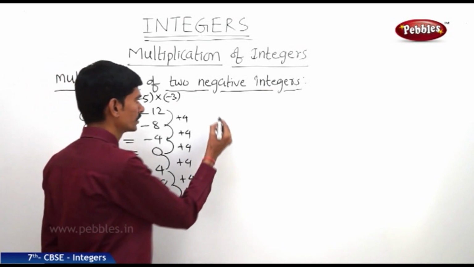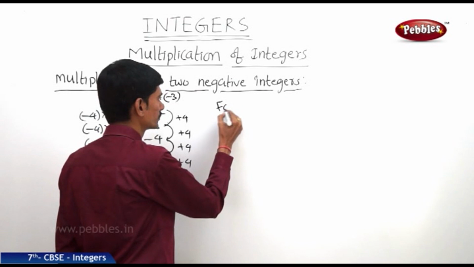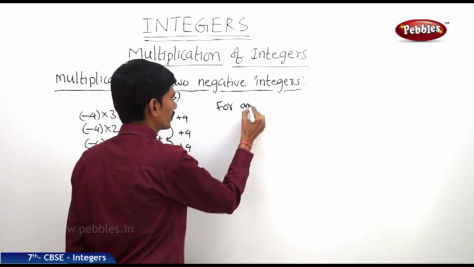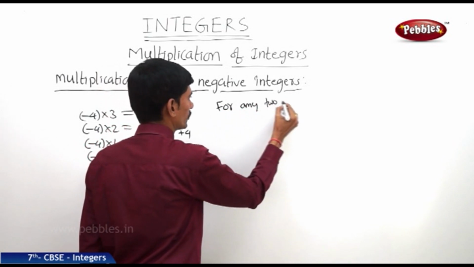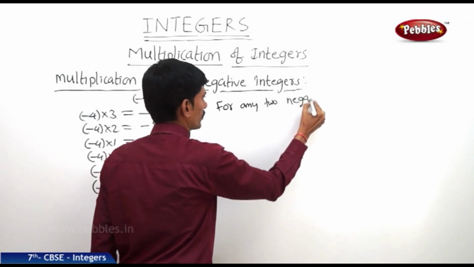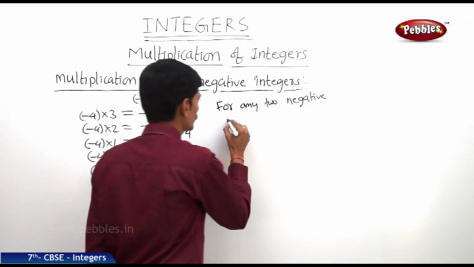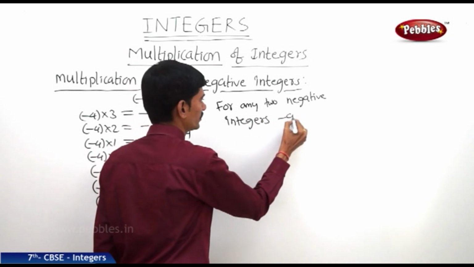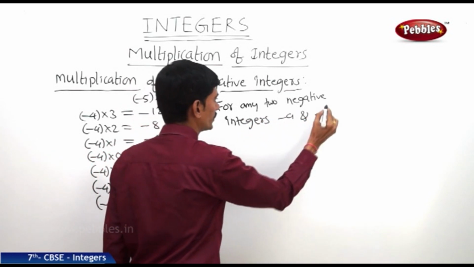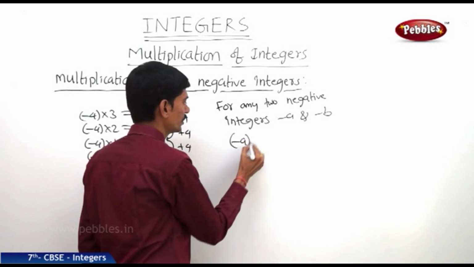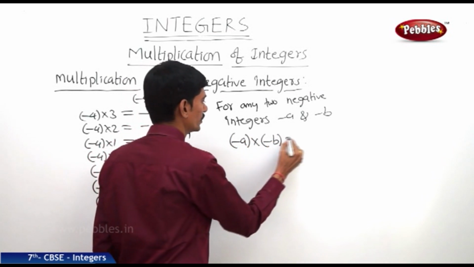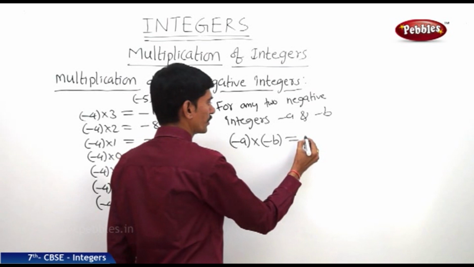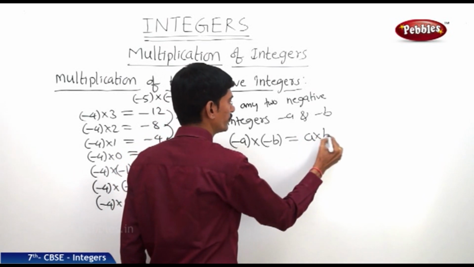So here we can write that for any two negative integers, minus a and minus b, minus a into minus b equals the product a into b.